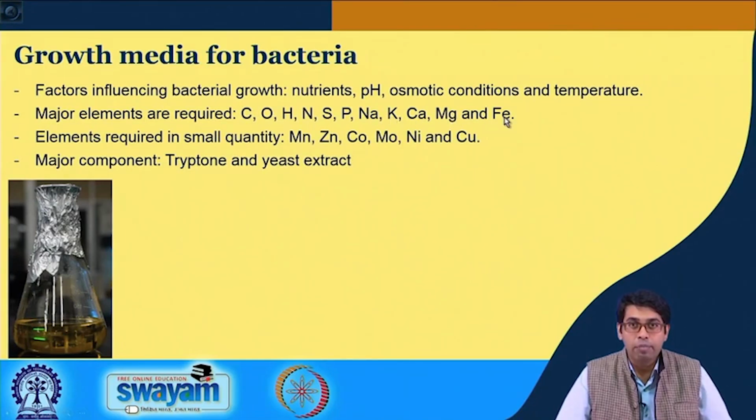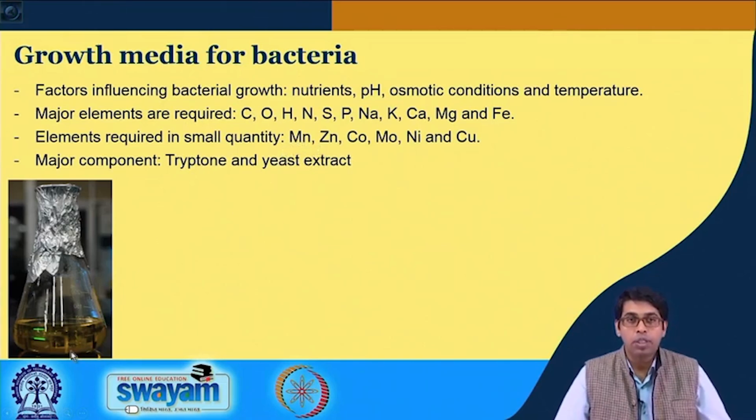These 5 elements are used by different processes in the bacteria, and also they maintain the osmotic pressure of the media. Some of these elements that are listed here are required in trace amount. So, they also need to be added to the media.